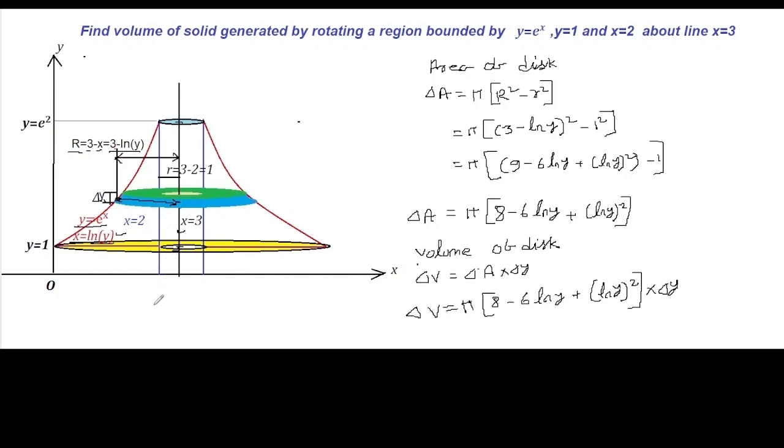At the lower point, y is equal to 1, and at the upper point, y is equal to e square. So you can conclude y is varying from 1 to e square. So to find the volume of the entire solid, we need to integrate this delta V from 1 to e square.